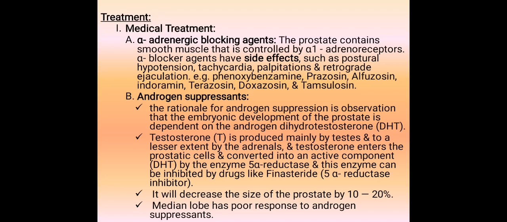Nothing comes without a side effect. So side effects of alpha blockers can be postural hypotension, tachycardia, palpitation, and retrograde ejaculation. Examples of alpha blockers are phenoxybenzamine and prazosin. These are the less selective and the old version.